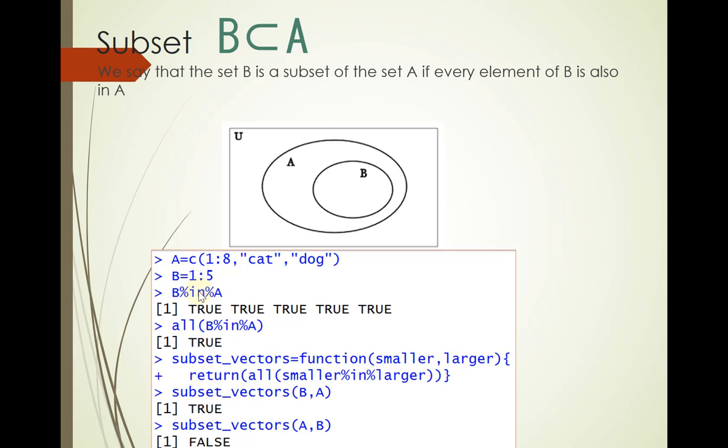Now just to remind you, when we write B on the left and A on the right of this infix with in between these two percentage signs, then it's not giving us an answer with the number of replies equal to the length of A. It's giving an answer, the number of replies of which is equal to the length of B. So is the first one in here, is the second one in here, is the third.